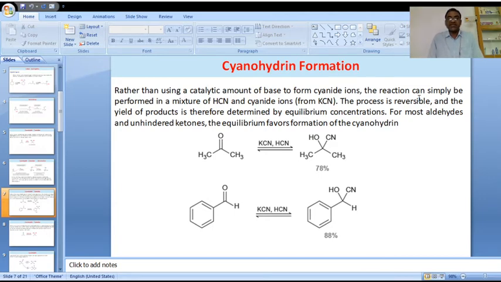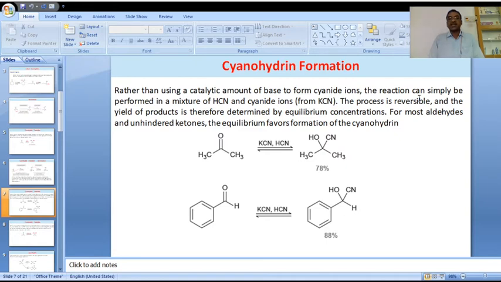Here, cyanohydrin formation. Rather than using a catalytic amount of base to form cyanide ions, the reaction can simply be performed in a mixture of HCN and cyanide ions from potassium cyanide. Here, the cyanide ion acted as a catalyst.